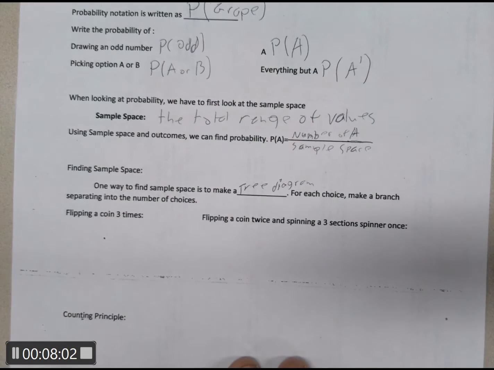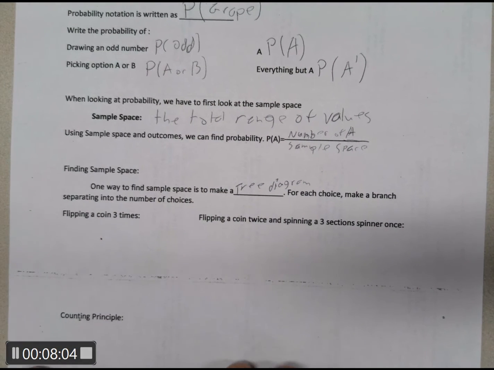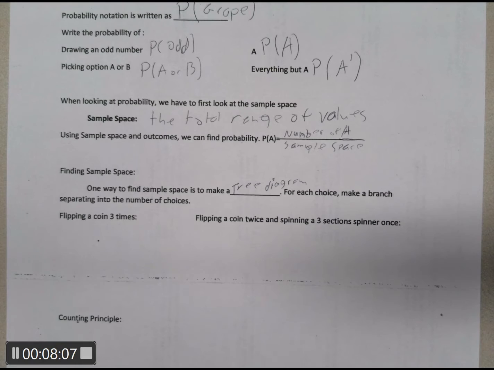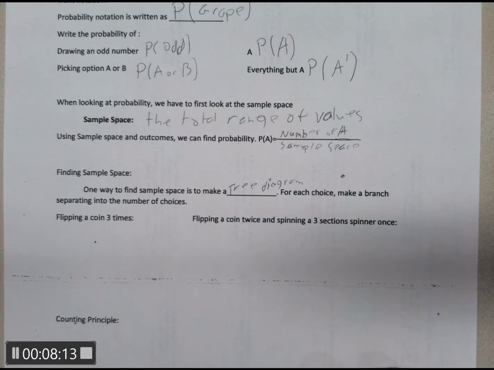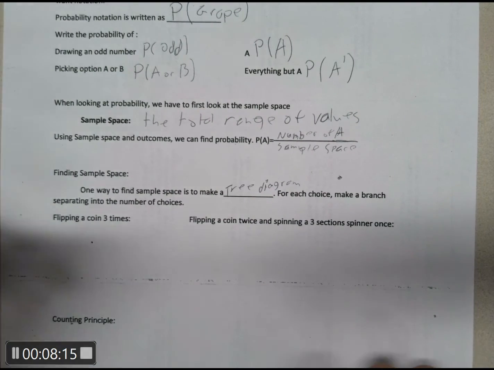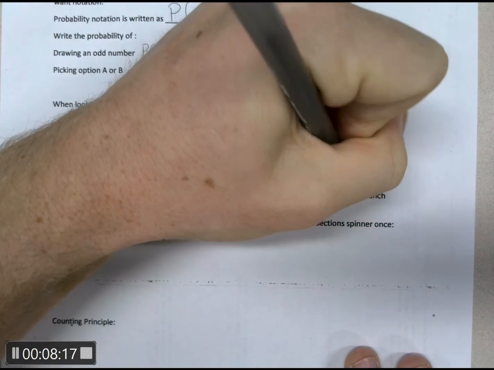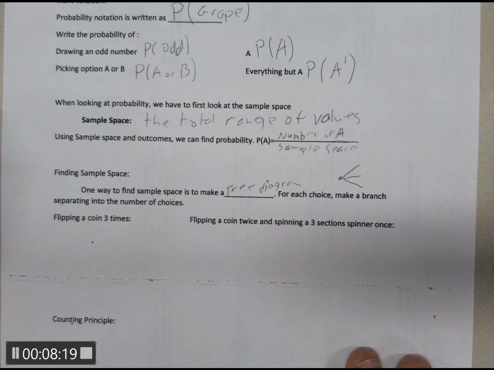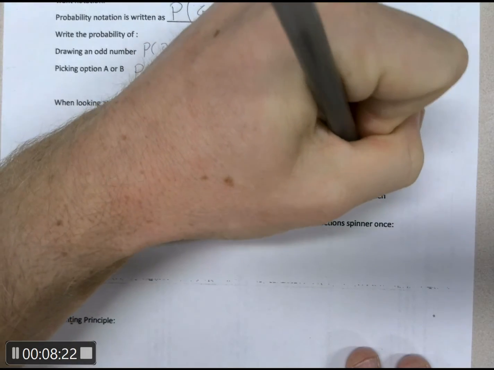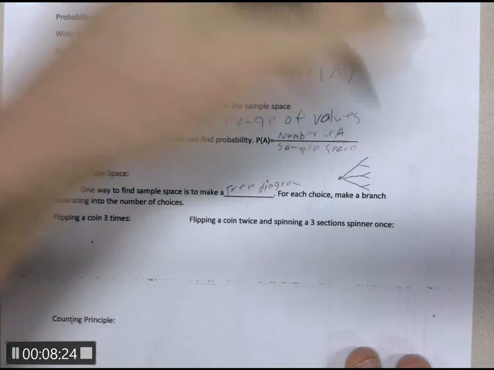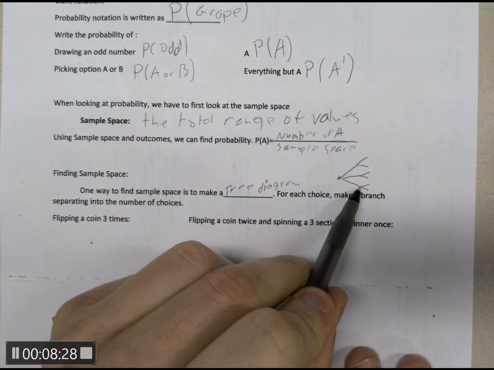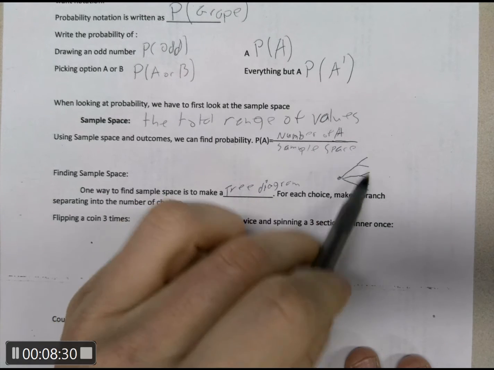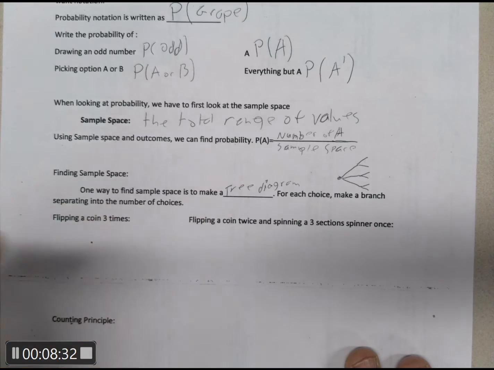Basically, with a tree diagram you start at the beginning, and every time we have a choice, you branch for the number of choices. If we have 3 choices, you make 3 branches. From there, if we have 2 choices, you make 2 branches off the end. So there are 3 choices for the first one and 2 for the second, and that gives us our total number of choices.